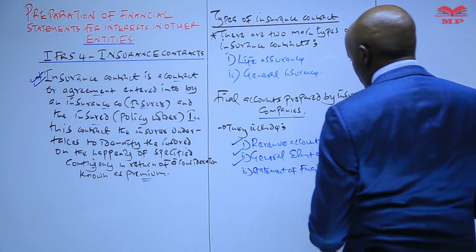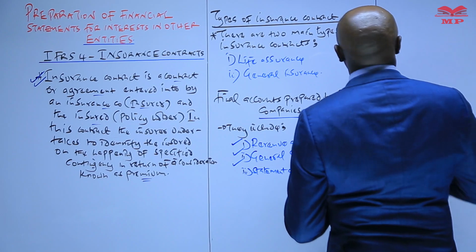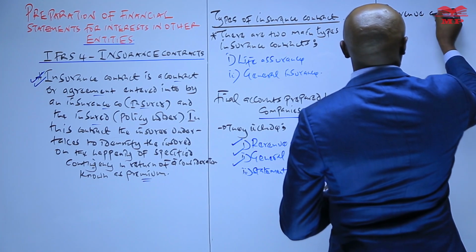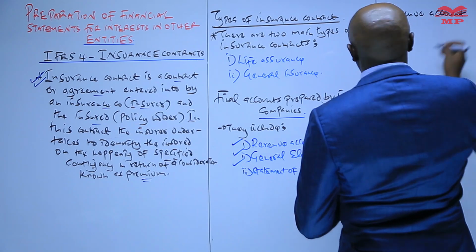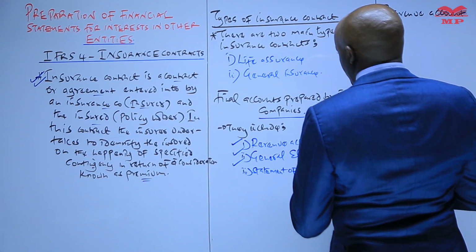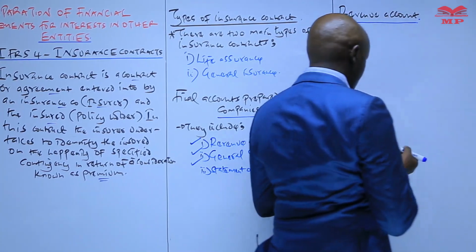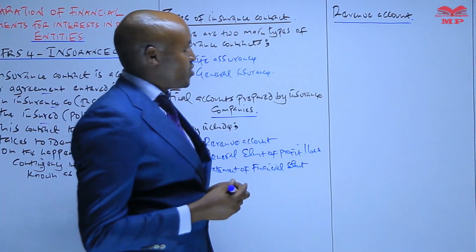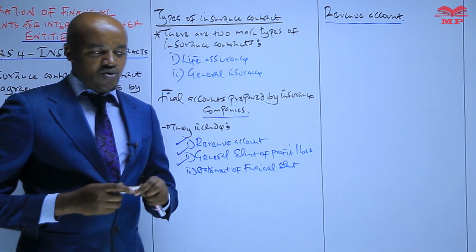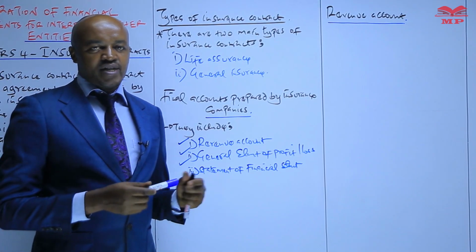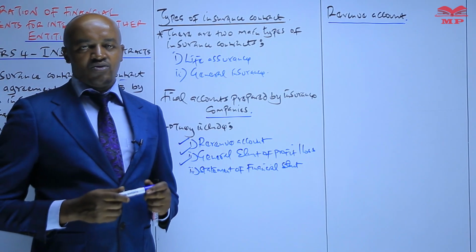So let's start by looking at what a revenue account is. A revenue account is a final account prepared by insurance companies to ascertain how the different insurance businesses undertaken by such an insurance company are performing.